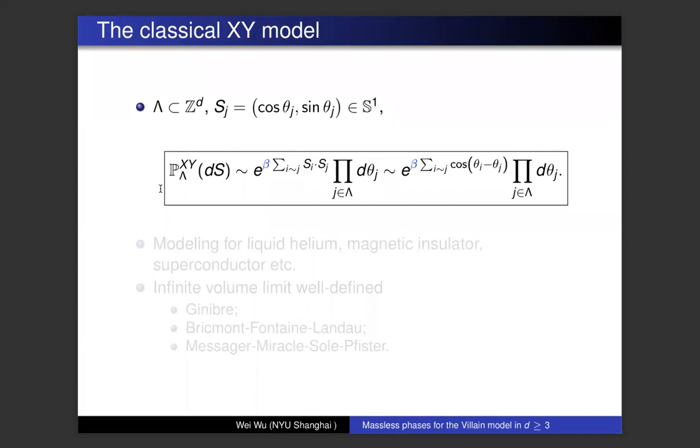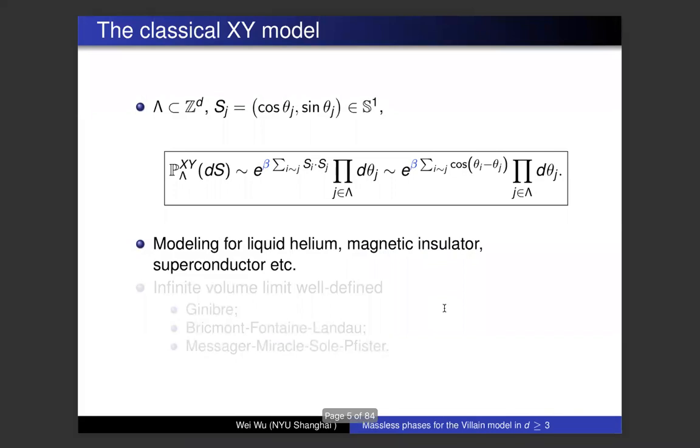Now, on any finite graph, you can write down what the Gibbs measure is. It's going to be proportional to the sum of the inner product of these nearest neighbor spins, or you write it as the cosine of the difference of angles. So this is the ferromagnetic XY model.